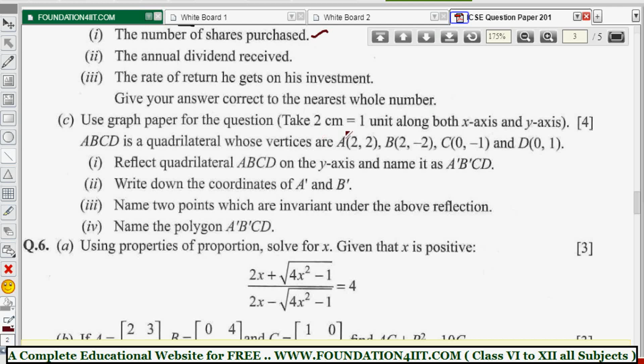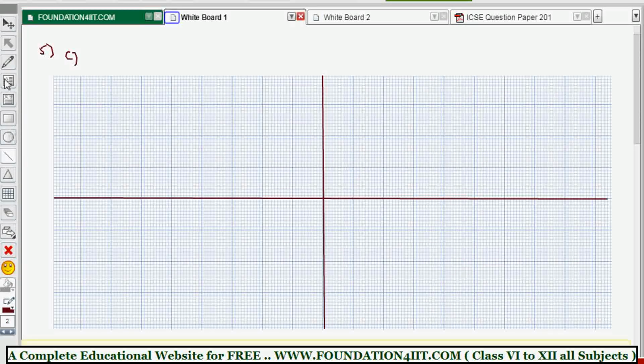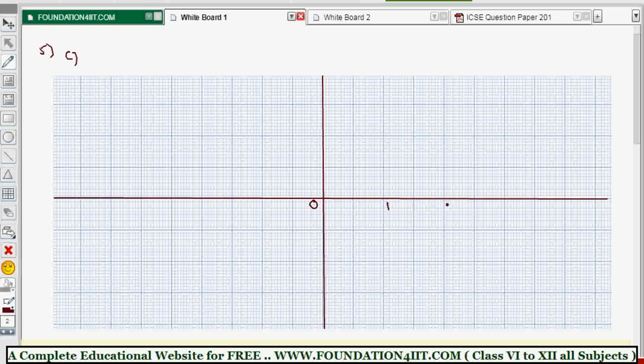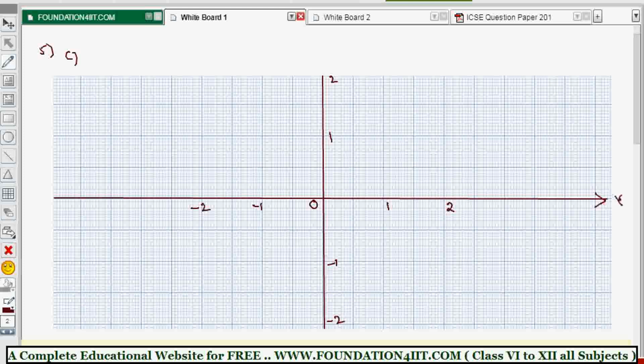Use a graph paper. Take 2 centimeters equal to 1 unit. And the coordinates are 2 comma 2, 2 comma minus 2, 0 comma minus 1, 1 comma 0. First you will plot these points. So it's 0, 1, because 2 centimeters is 1 unit. 1 and it's 2. On the left side it is minus 1, minus 2. Similarly, it's 1, 2, and minus 1 and minus 2. This is the x axis, and this is y.